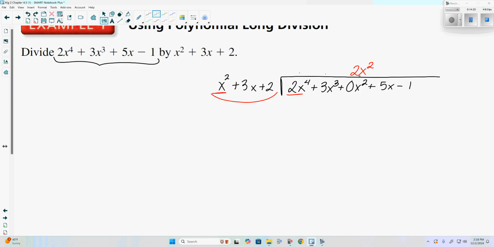We can line them up that way. Well, it means the term next to it would have to be the term that is what? x and then our number, because they will line up like that. But even if we don't notice that, that's fine, because we're just seeing what times x squared gives us 2x to the fourth, which is 2x squared.